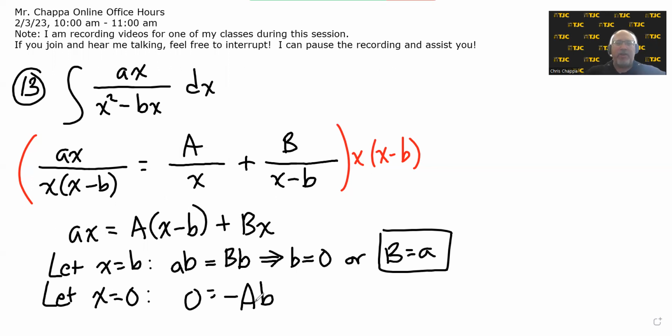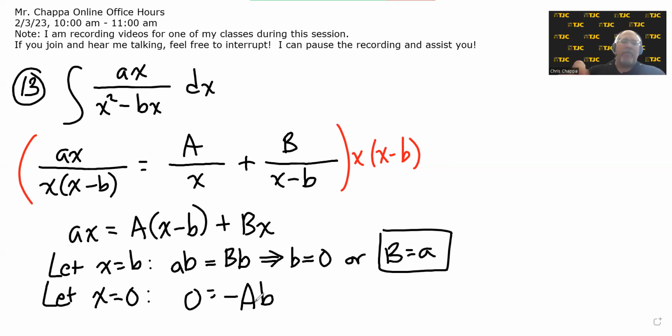And then putting, I feel so stupid. I'm going to keep going with this, but you'll see why I feel stupid. Putting x equals 0 here will kill that off. So we get 0 equals negative capital A times lowercase b.